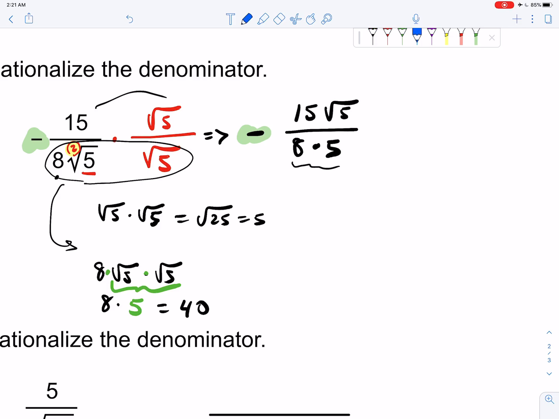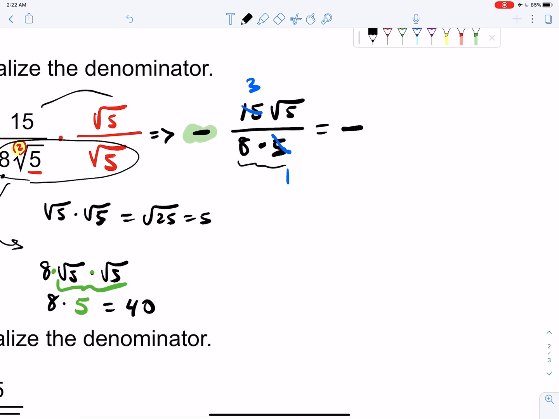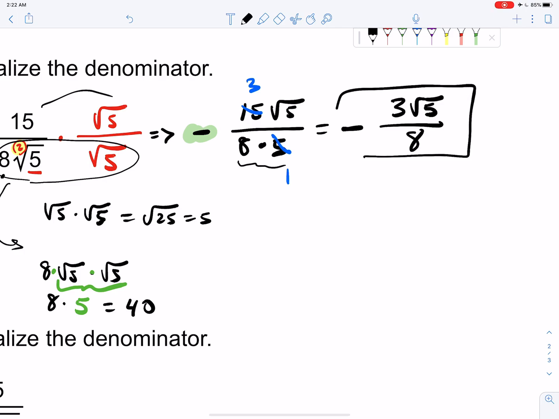And because we didn't factor it, it made it a little easier maybe to see that 5 goes into 5 once and 5 goes into 15 3 times. And once again, don't forget the negative out in front. We're going to get an answer of negative up top 3 root 5. Remember the goal, no radicals in the denominator, and we did that. It's just an 8. So the answer is negative 3 root 5 over 8.